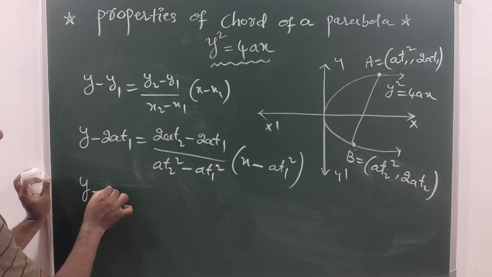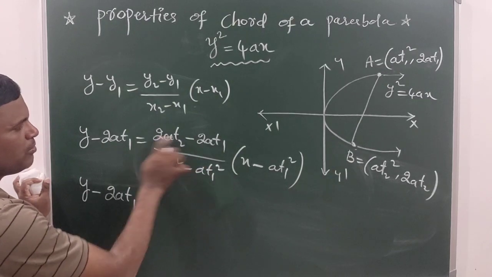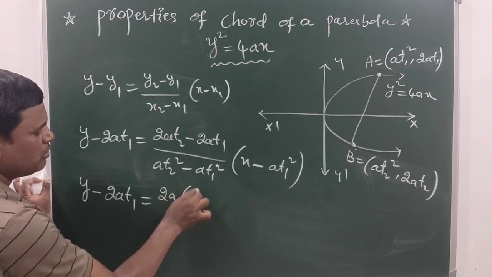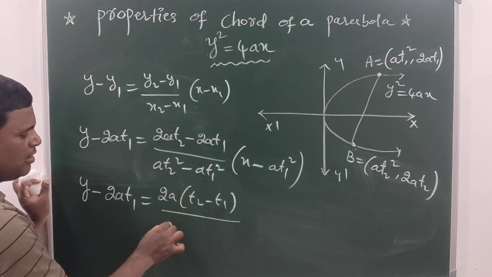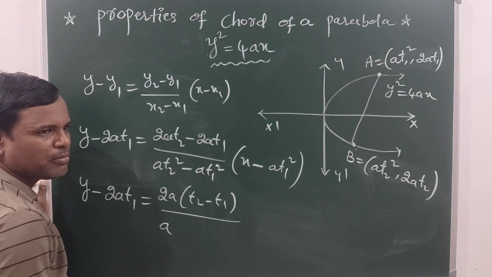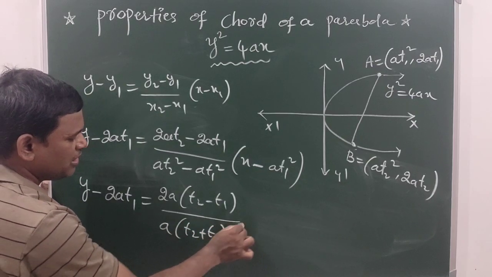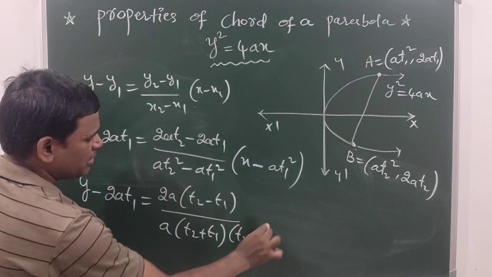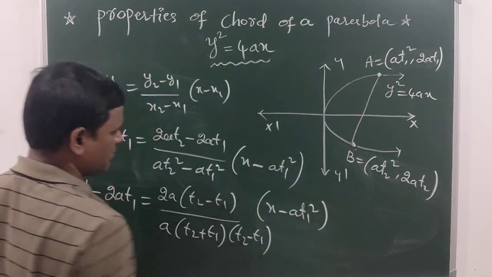On simplifying, we get y minus 2at1. From the numerator you can take 2a outside, (t2 minus t1) whole by, take a common, and here what is left? t2 square minus t1 square. That can be written as (t2 plus t1) into (t2 minus t1), half, of x minus at1 square.